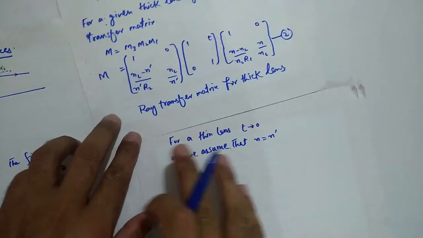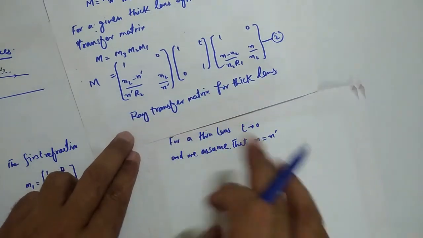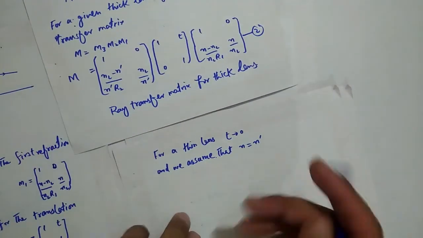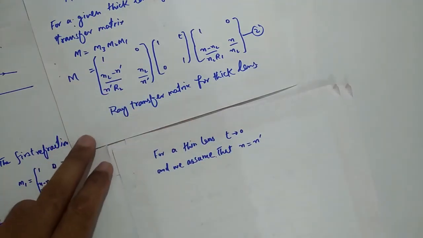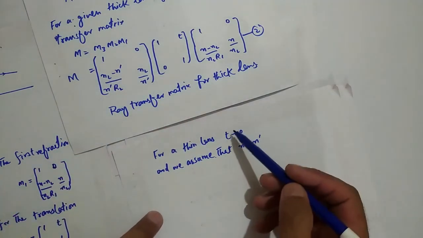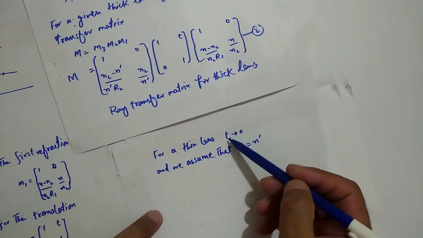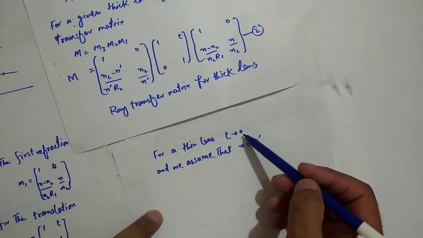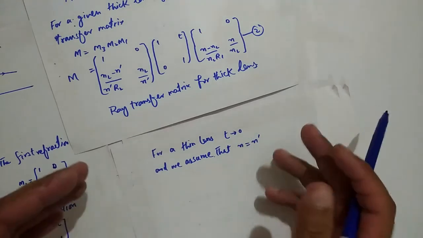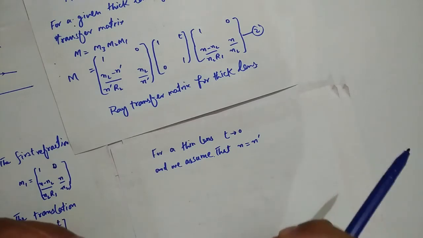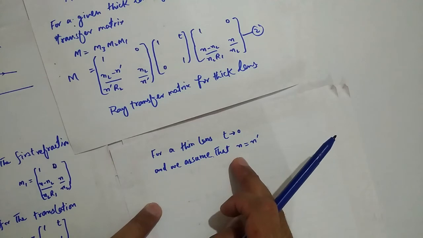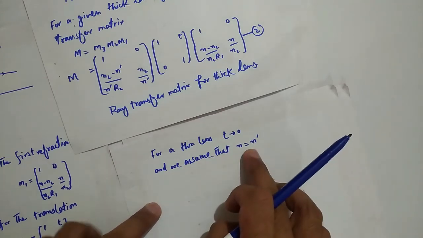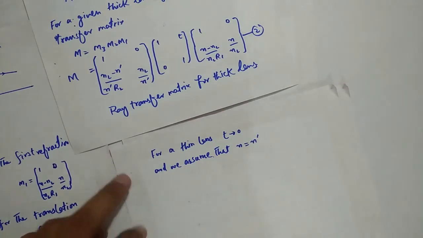Clear? So you should memorize this matrix. So now we are converting this ray transfer matrix for a thin lens as well, but here we have to make the modification where T tends to 0, which is a thin lens is that one which has a negligible amount of thickness, and we also assume that the refractive index to the front and back side of the lens is the same.